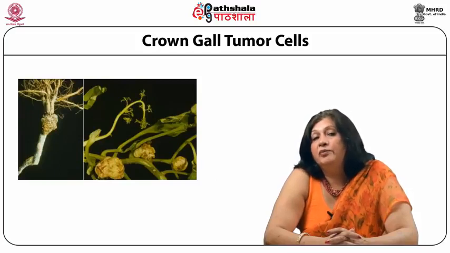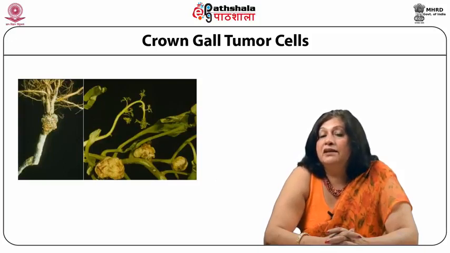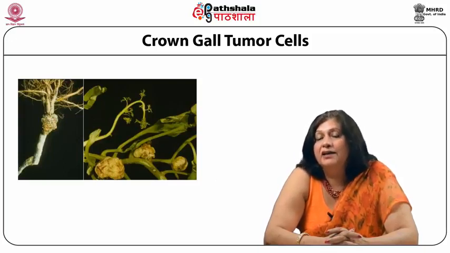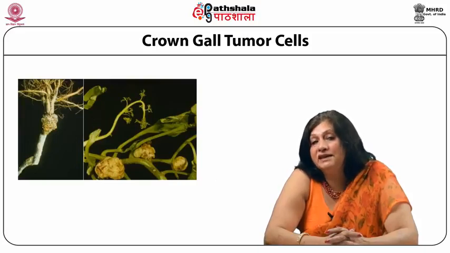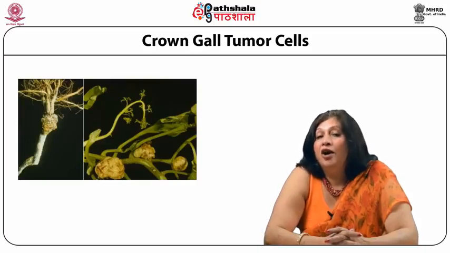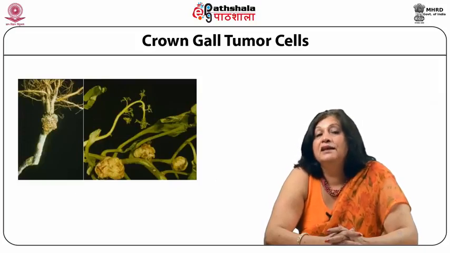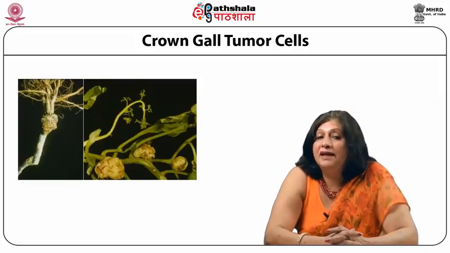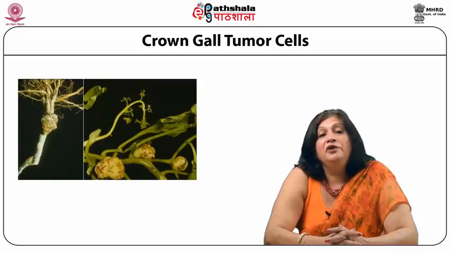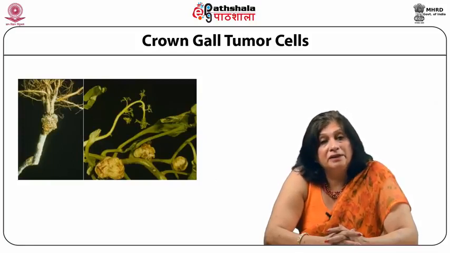We talk of Agrobacterium-mediated transformation. Once you get a transformed callus, the success will depend on how many of these cells are getting transformed, how many of these cells are actually giving rise to complete plants, and how many of the plants so regenerated are useful to you for a particular purpose.